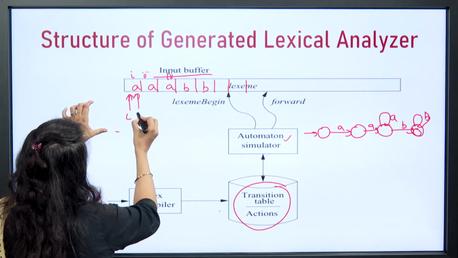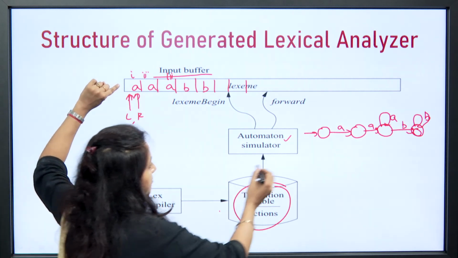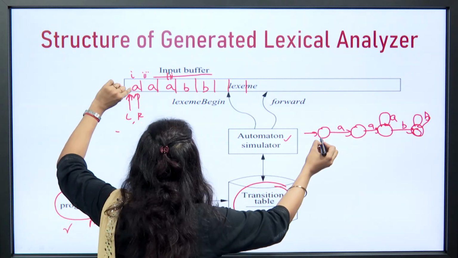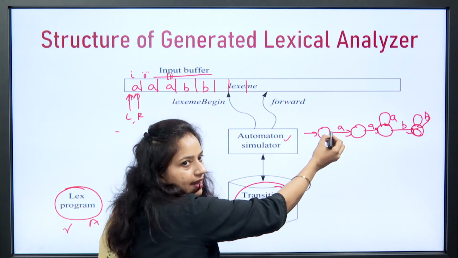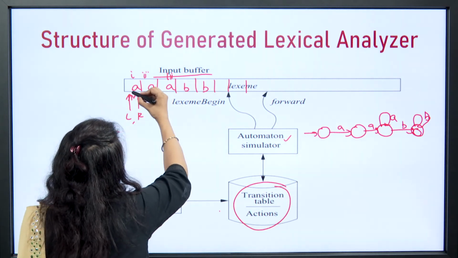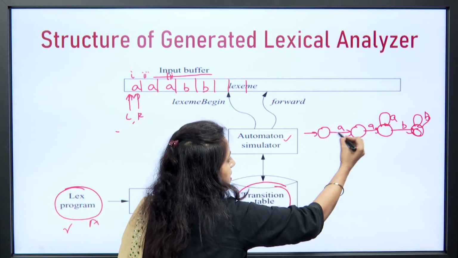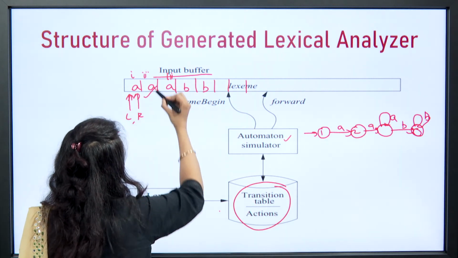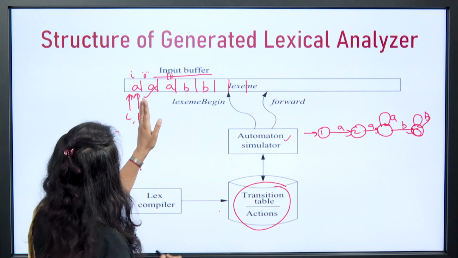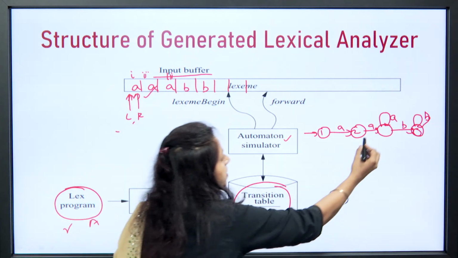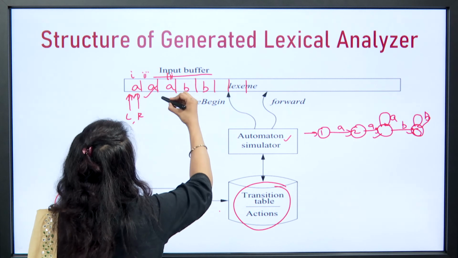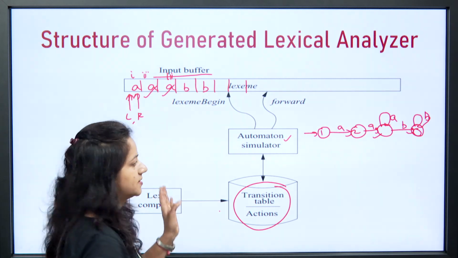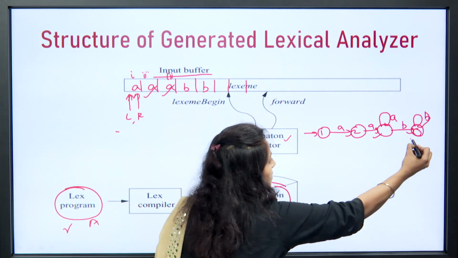Here we have A and this is the start state. We read A, move from this state to the next state, and advance the forward pointer one cell to the right. Then we read the next symbol, move to the next state, advance the forward pointer again, and keep on with the process.